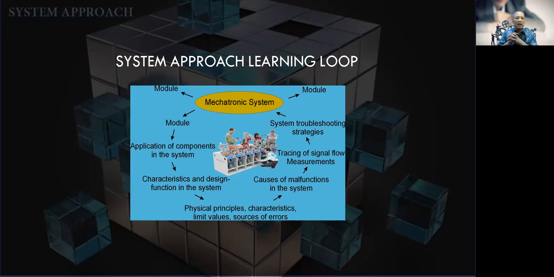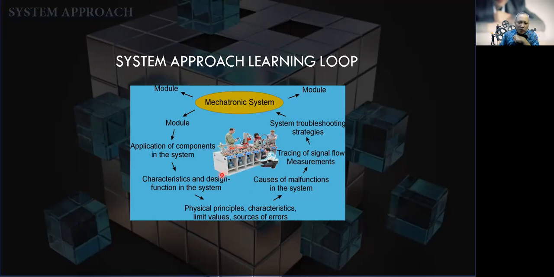So let's look at a mechatronic system here, the system approach learning loop. If this is a mechatronic system, then this is an example picture. In the picture, some people are looking at a modular processing system. It comprises many stations.